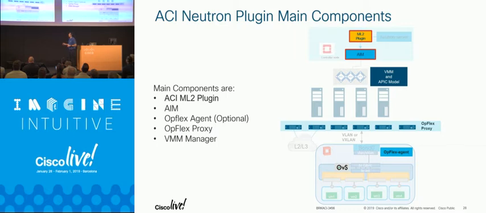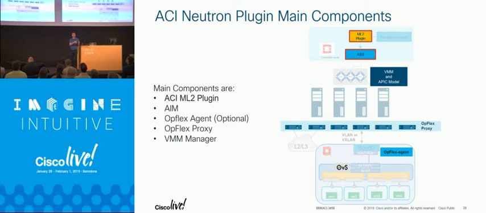I list here 5 components, at a high level. You have the ACI ML2 plugin, the unified plugin, which is installed in the controller, obviously. In the controller, you also have one daemon called the ACI integration module, AIM. Then optionally, and we'll see why and what the options are, you've got an OFlex agent, which is running in the compute nodes.